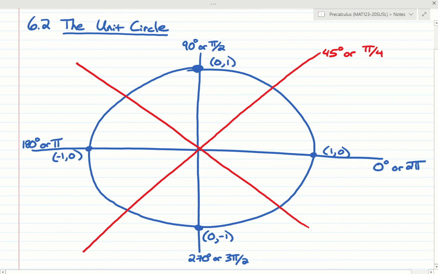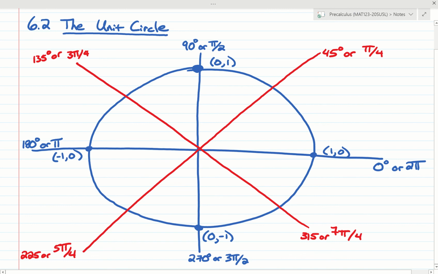Now, if 45 degrees is pi over 4, 2 pi over 4 is 90 degrees, or pi over 2. 3 pi over 4, 4 pi over 4, 5 pi over 4, 6 pi over 4, 7 pi over 4, and that's how we go by increments of 45 degrees.